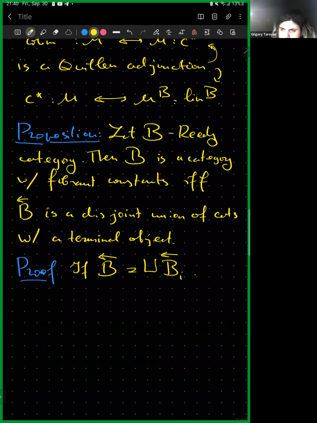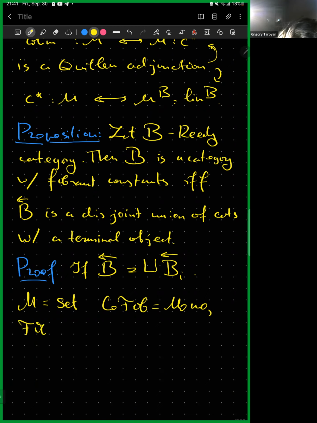And to show that the converse is the case, we can consider M equal to the category of small sets, where cofibrations are monomorphisms, fibrations are epimorphisms, and weak equivalences are isomorphisms of sets.